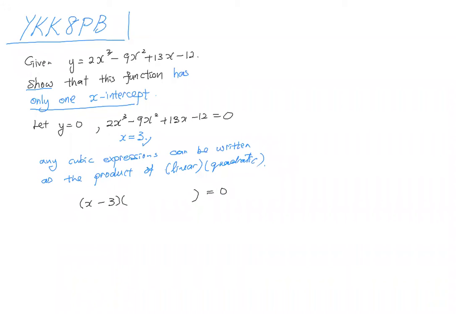Correct? So in order for these two products to equal 0, one of them must be 0. That's why x minus 3 equal to 0, so x equal to 3. So that's why x minus 3 is one of the factors.